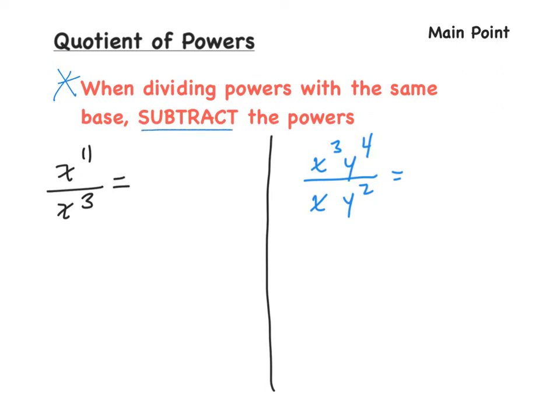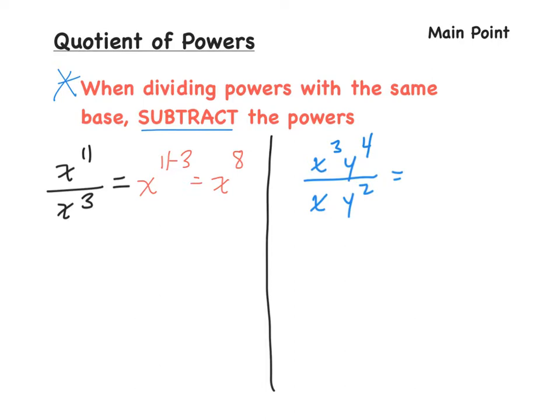So if you have x to the 11th power divided by x to the 3rd power, it's going to be written as x to the 11 minus 3, which would be x to the 8th.